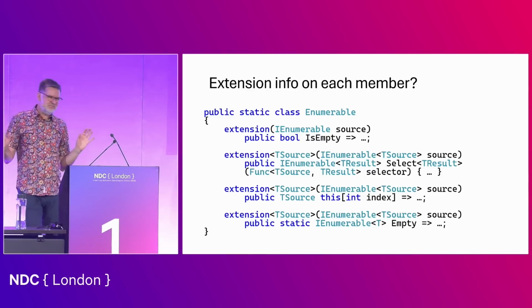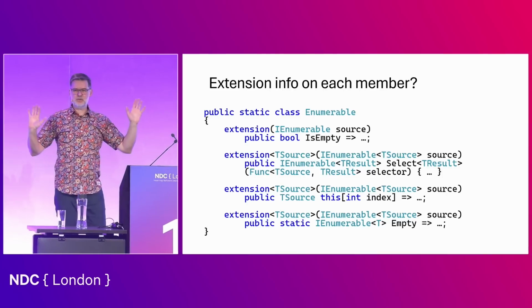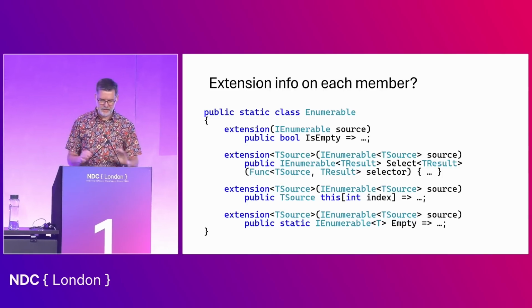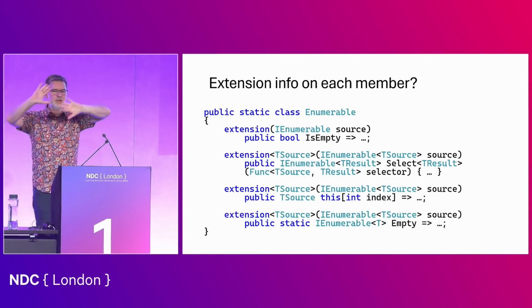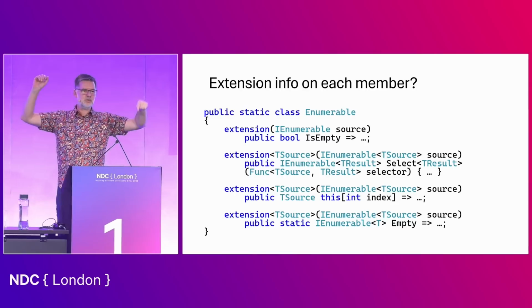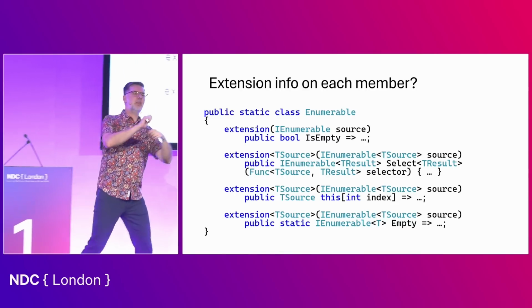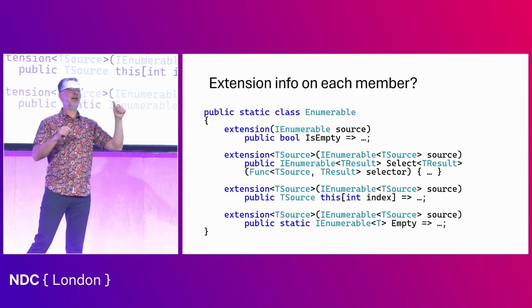We could quibble about exactly how that should all be arranged, but it feels like a big mouthful. You have to read quite far to see where the actual member starts, and like, oh, 120 characters over, oh, it was an extension indexer. I get it now.